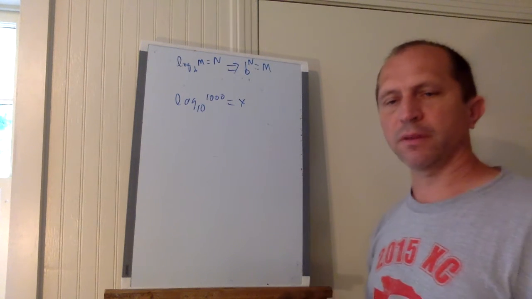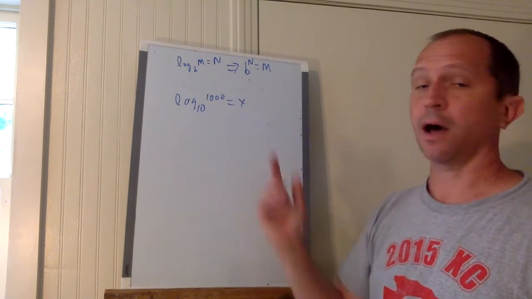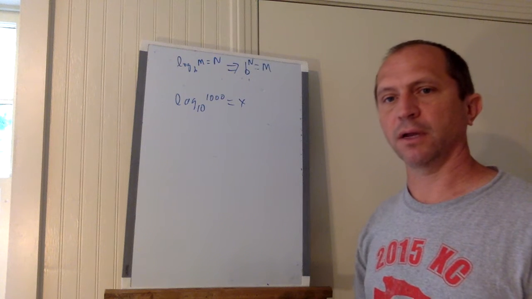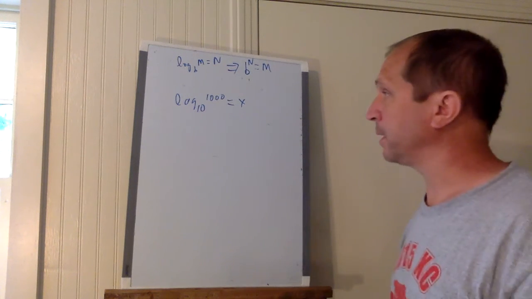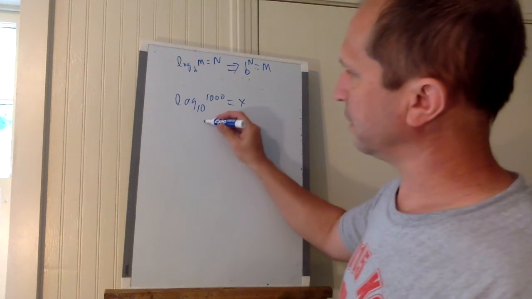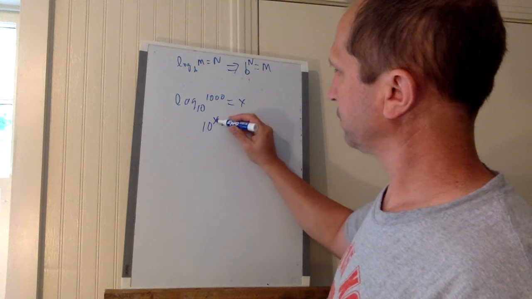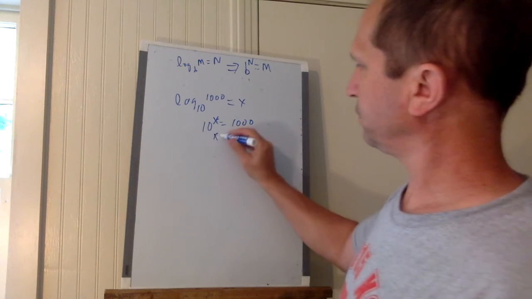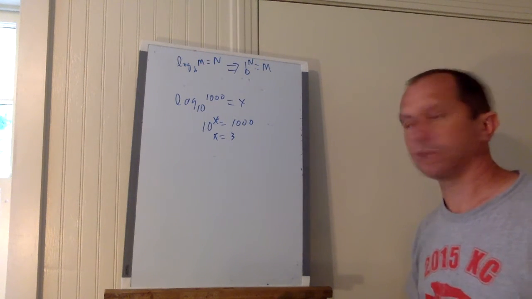When you do a logarithm in your calculator, your calculator automatically goes to the common logarithm. So if you do the log of 1,000 in your calculator, you'll get the same thing as you get when you do this problem here. But again, this means 10 to the x equals 1,000. That happens to be 3. 10 to the third power is what's equal to 1,000.